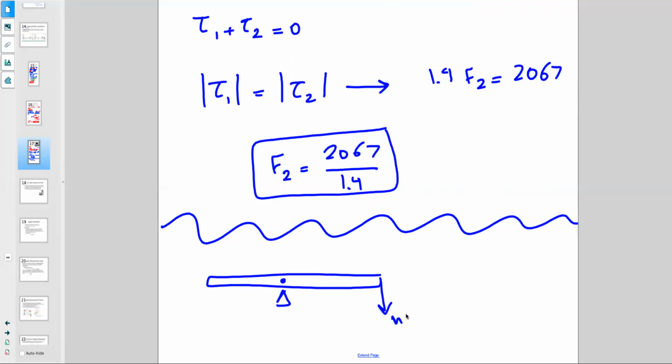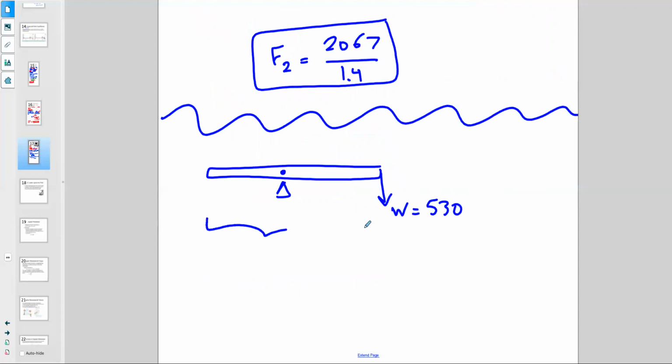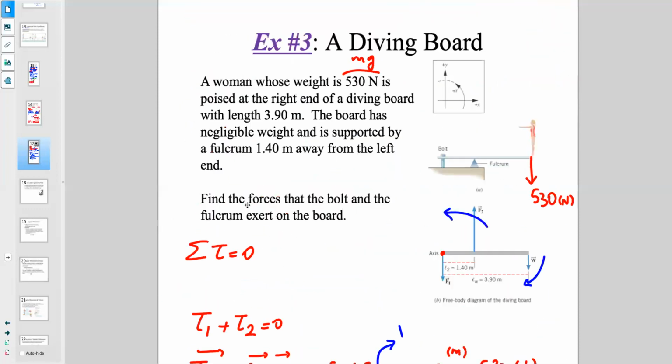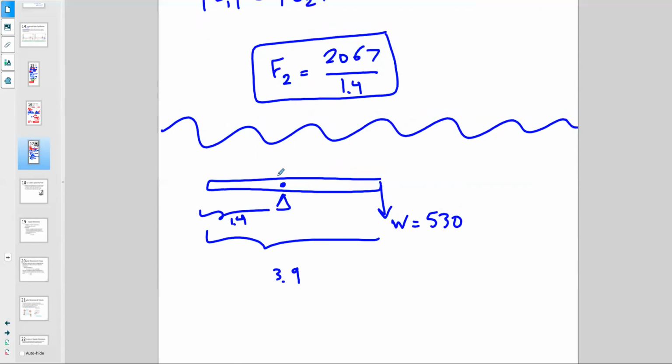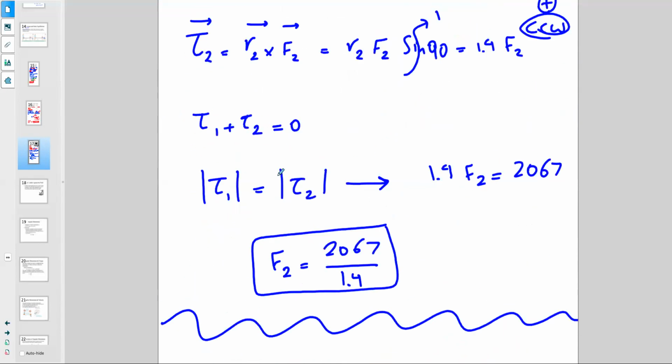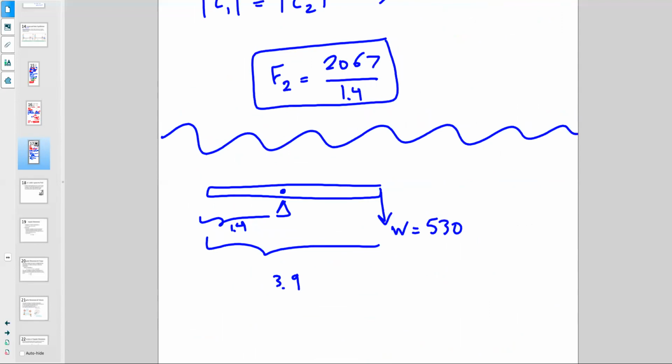I have a W of 530, and we have 3.9 here and 1.4 here. And that's the axis of rotation, and then we have a force F being applied down right there.